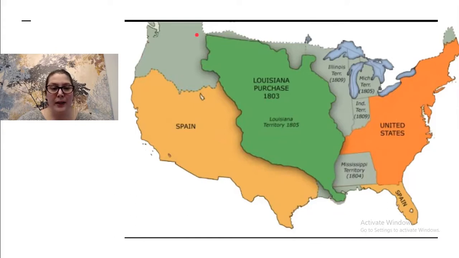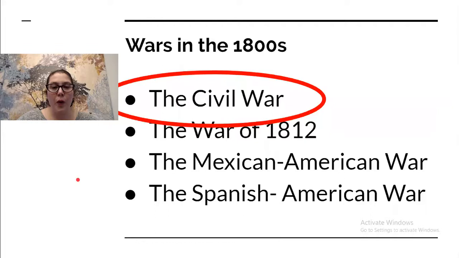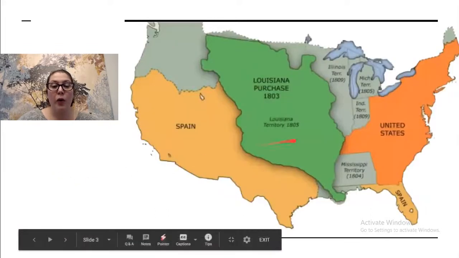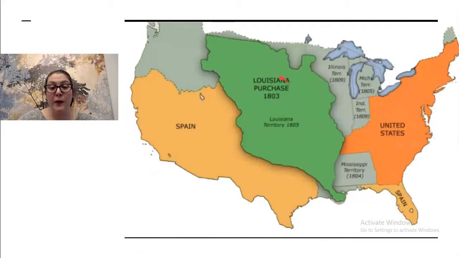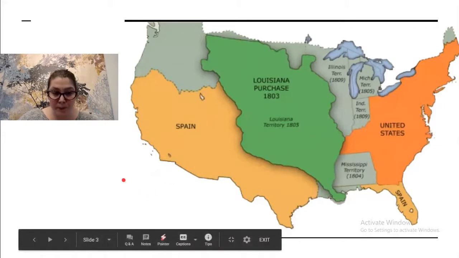It wasn't bought until about 50 years after this. So all of this land, like we said, we fought wars or we purchased it from another country. So this land was purchased. The rest of this land was won fighting Spain, Mexico, and other countries.